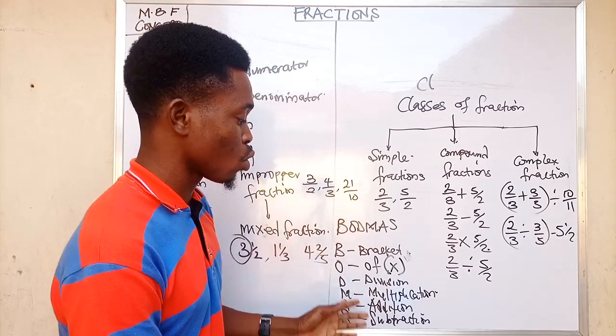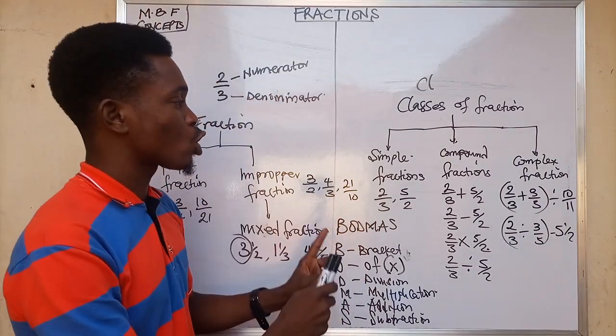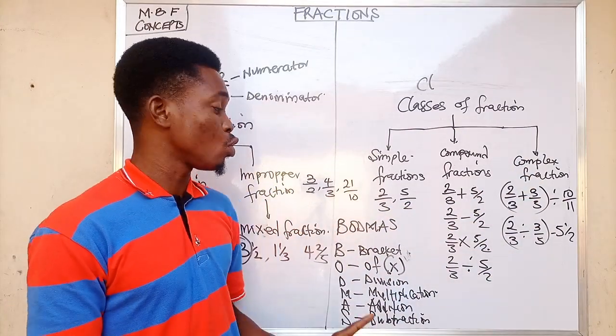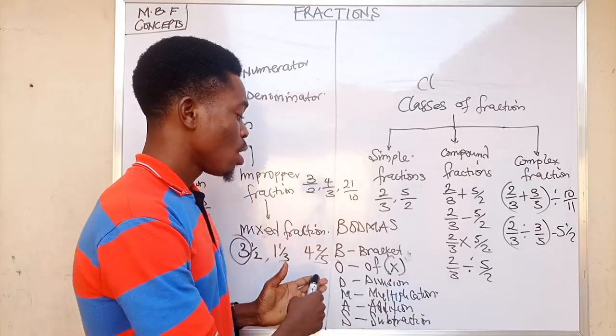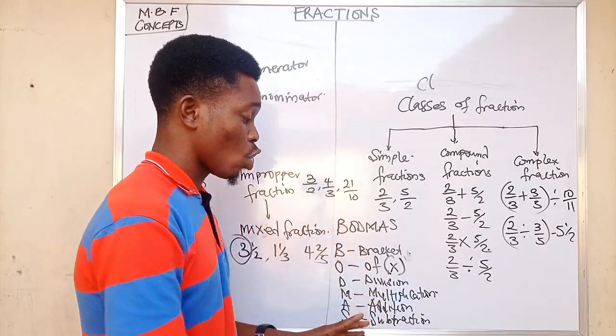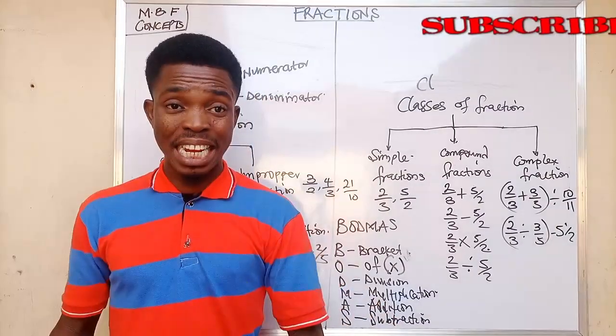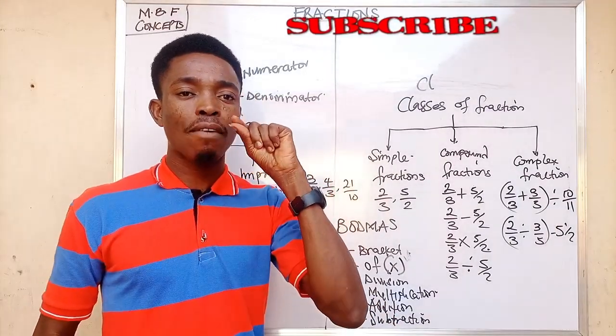Please pay close attention. Anytime you are solving a complex fraction, this must be the profile that you follow. The first thing you do is resolve the bracket, then work on the of if there is any, then division, then multiplication, then addition, and lastly subtraction.